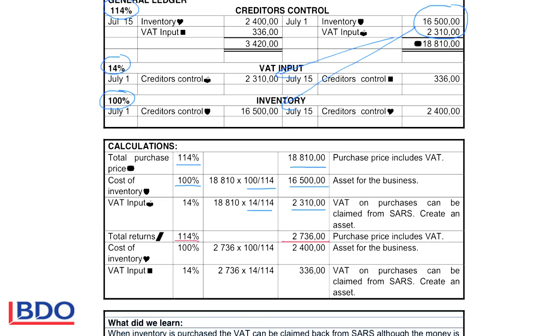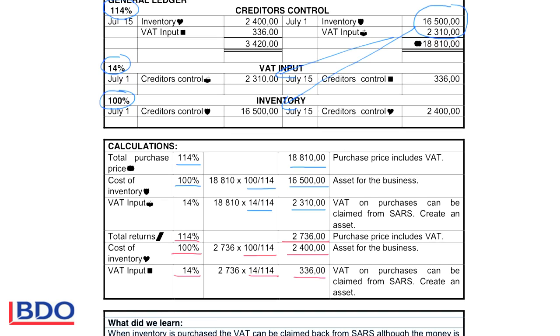The cost is 100%. So the 2736 multiplied by the one that we want, 100, divided by the 114. So the cost price of the goods returned is 2,400. The VAT will be 14 over 114, and that means the 336.